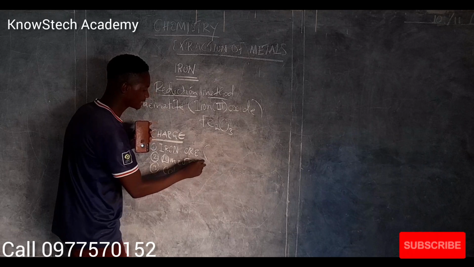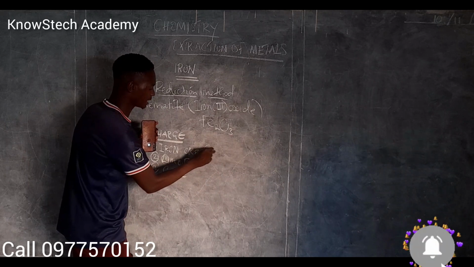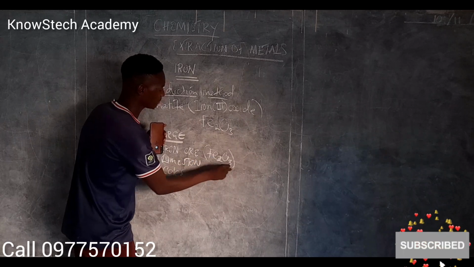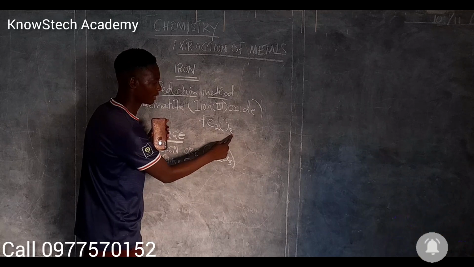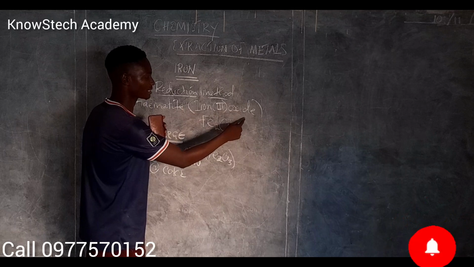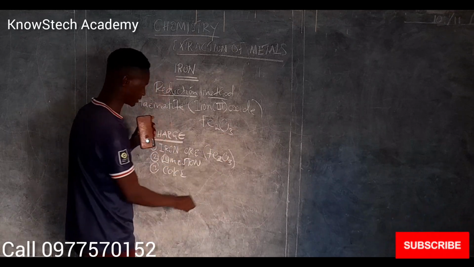Let me just write its chemical formula, which is iron 3 oxide. Remember, the 3 here will go to the other side of the oxygen atom, then oxygen has a valence of 2, and the 2 will come here. That's why it's called iron 3 oxide, Fe2O3.